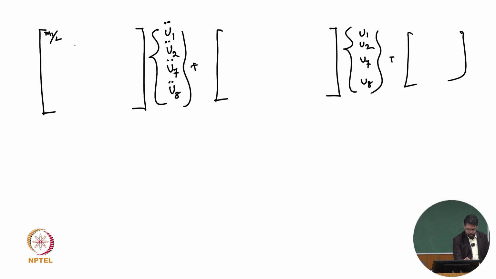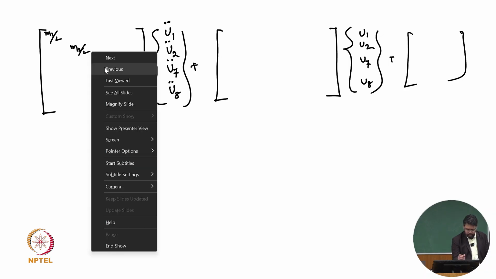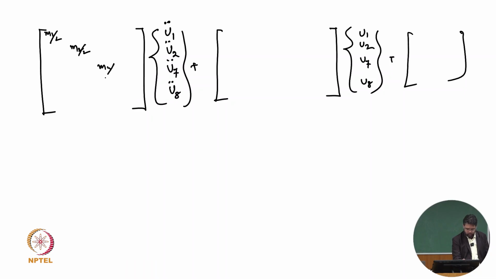M1 by 2, M2 by 2, M2 by 2, M1 by 2, and the rest will be 0 because the masses are lumped at the nodes.